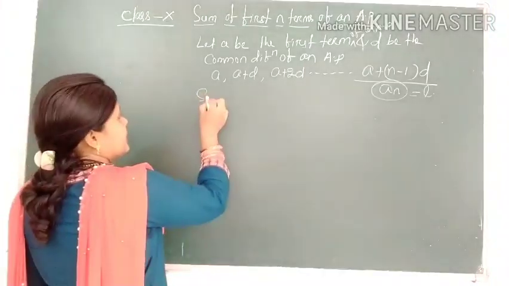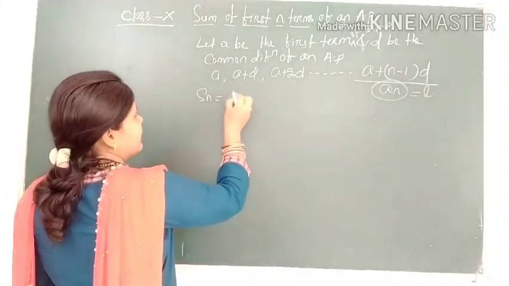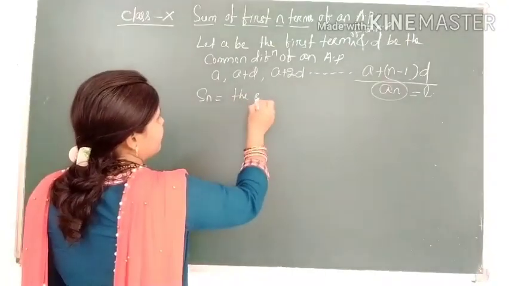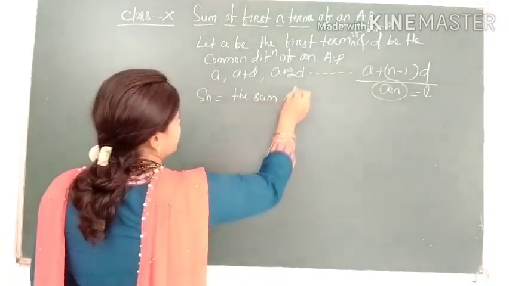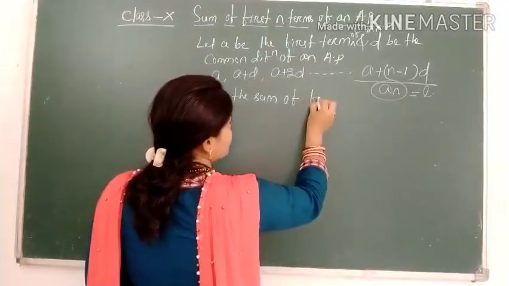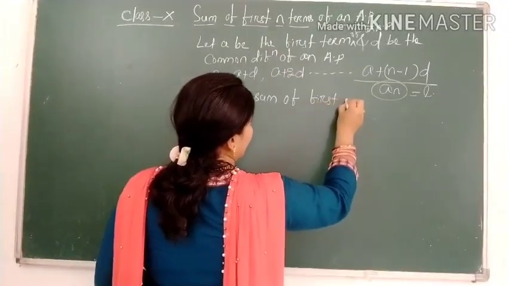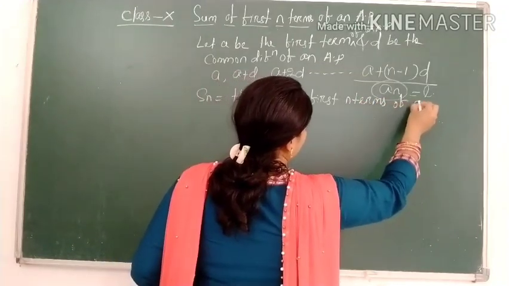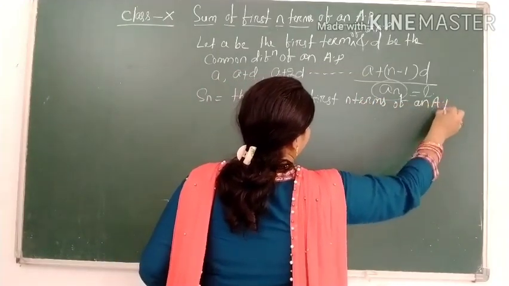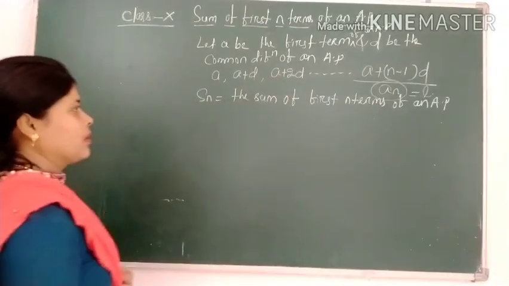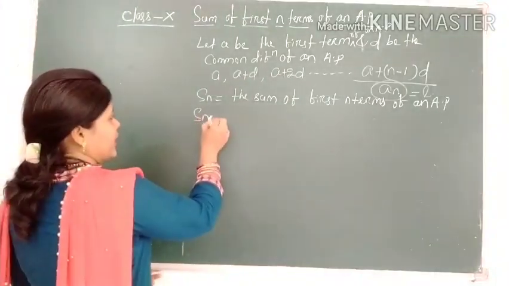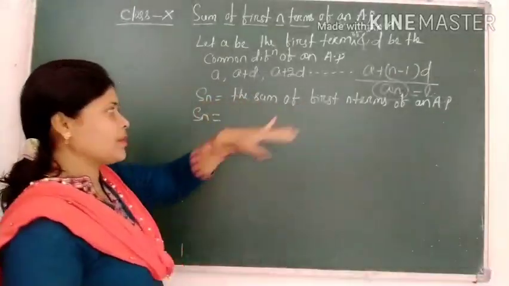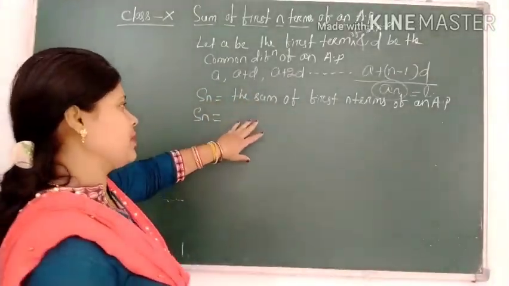Now Sn denotes the sum of the first n terms of an AP.